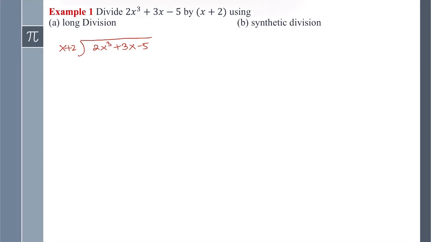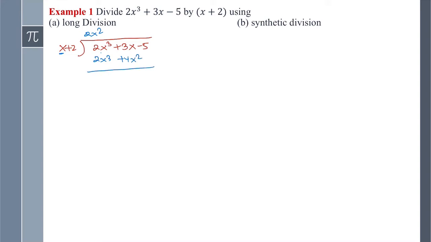We need to put something here so that when we multiply with x, we get 2x cubed. So that's 2x squared. Then we multiply with 2. So 2 times 2x squared is 4x squared.